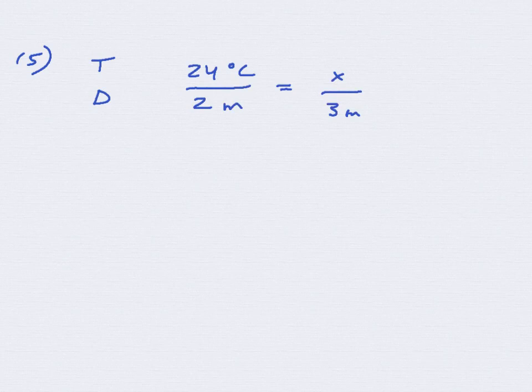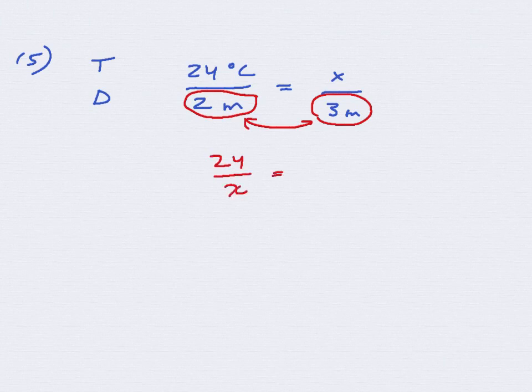In order to make that work, we have to do an inverse flip on part of our setup. We choose to use the bottom. So 24 over x is going to equal, 24 over 3 would equal x over 2.